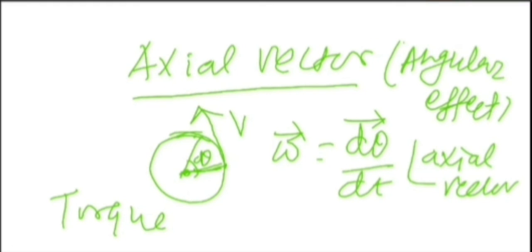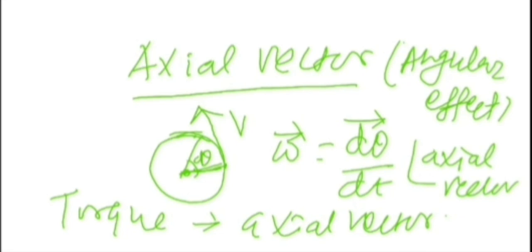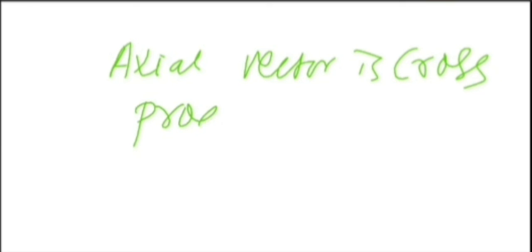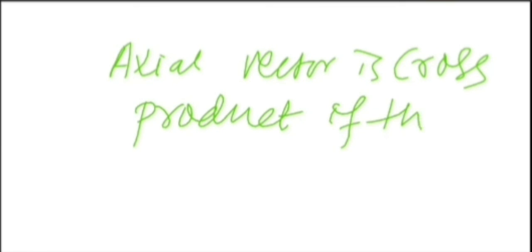In the same manner, torque is also an axial vector. Axial vectors are cross products of polar vectors. For example, torque is the cross product of position vector and force vector. We will discuss cross product and dot product in a later part of the chapter.